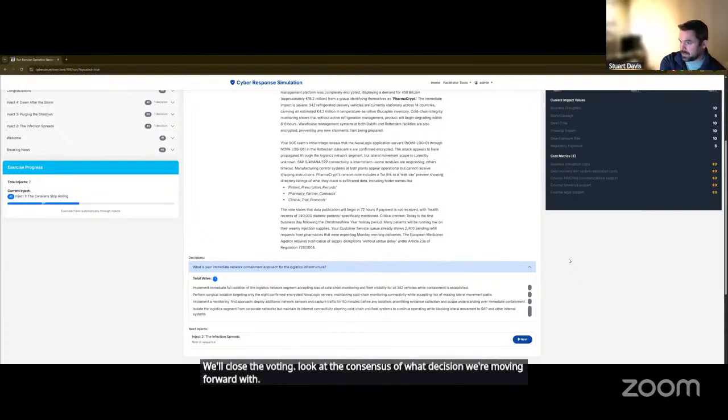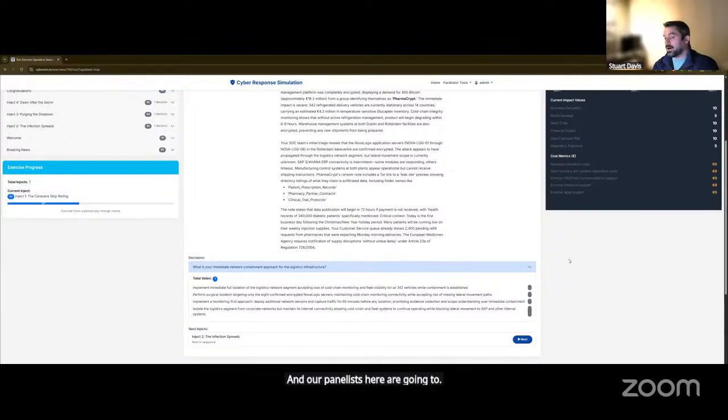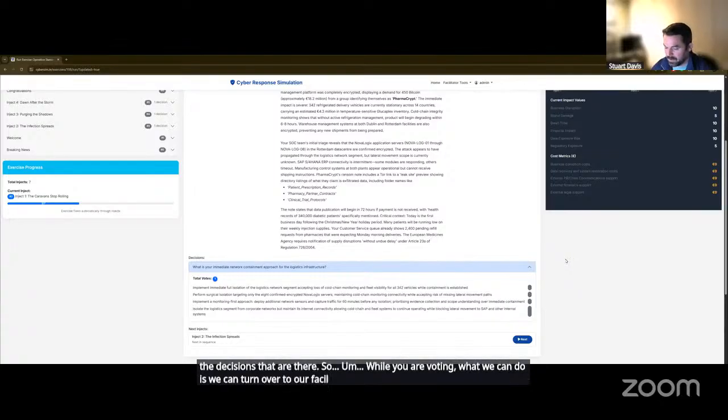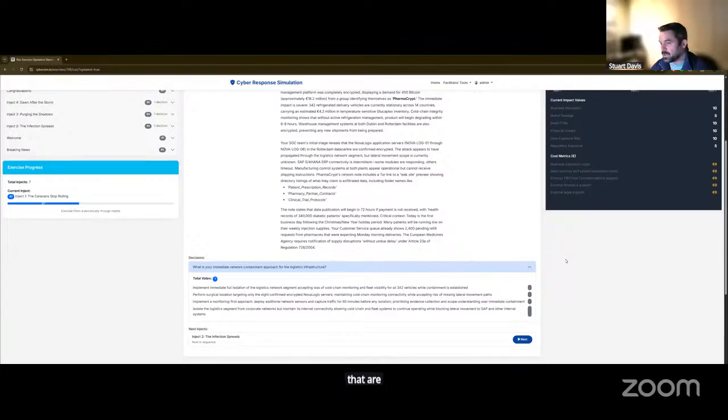And our panelists here are going to talk about the consequences relating to the decisions that are there. So while you are voting, we can turn over to our facilitators that are here, and we can discuss some of the consequences that they would see from the choices that are available.